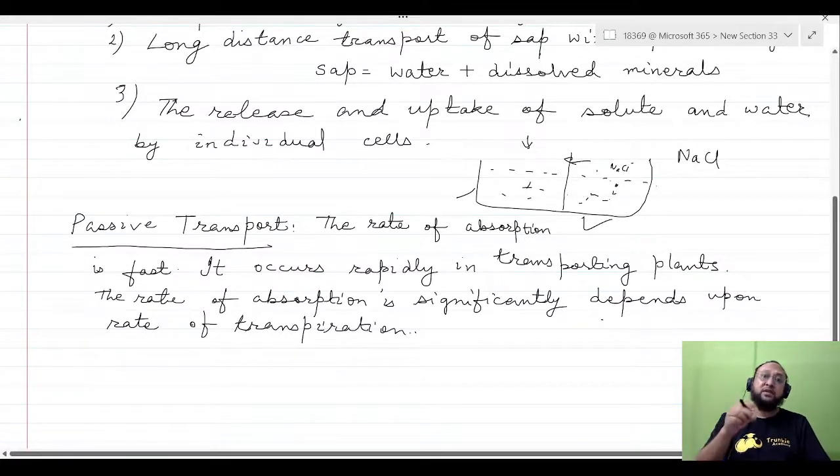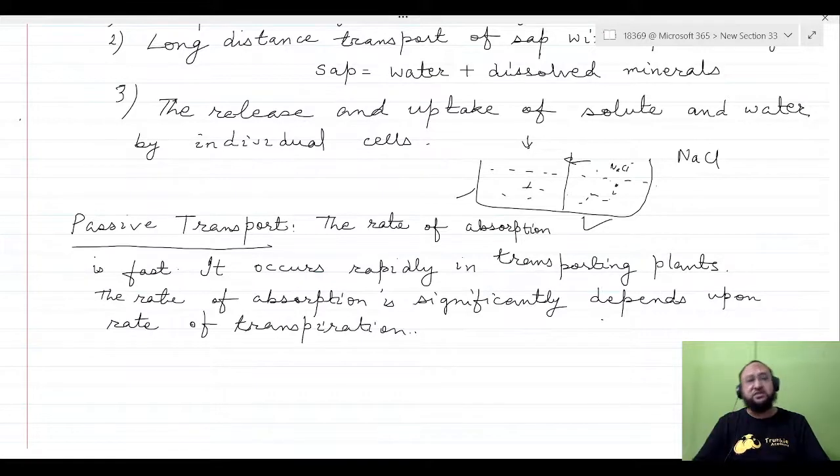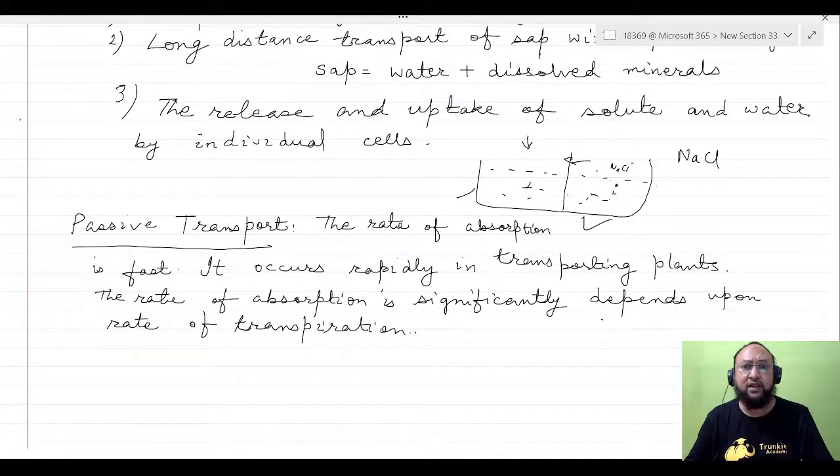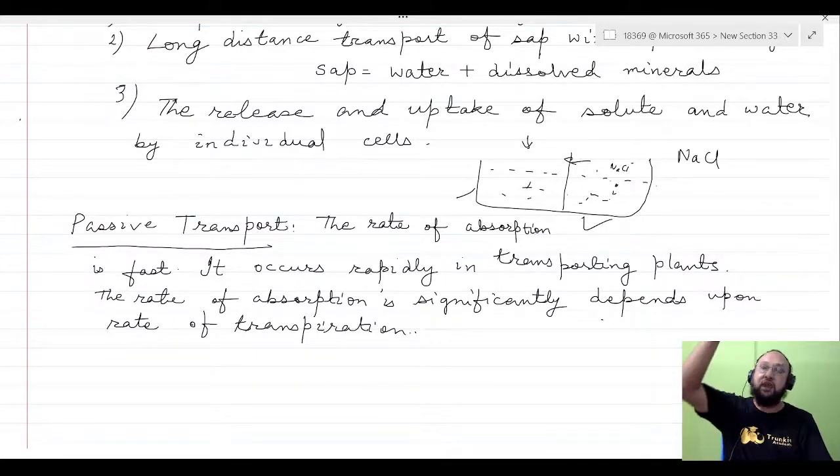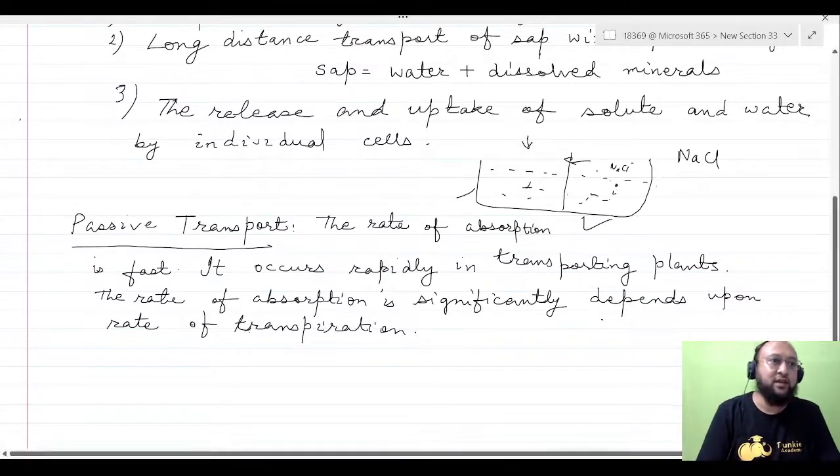So absorption is directly or indirectly dependent on the transpiration. This is the reason it says that it significantly depends on the rate of transpiration. When the transpiration is high, it dries, and the water will be absorbed. As soon as it dries, the new water column will rise up. So that is the passive transport.